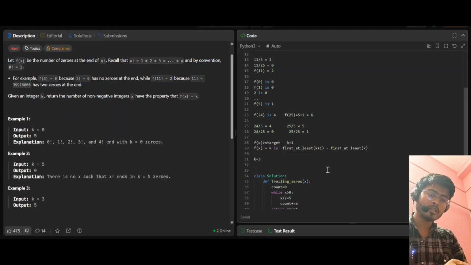The first value where the trailing 0 count is at least 4 is 20. So the valid values are 15, 16, 17, 18 and 19. The total number of valid values is 20 minus 15, which is equal to 5.